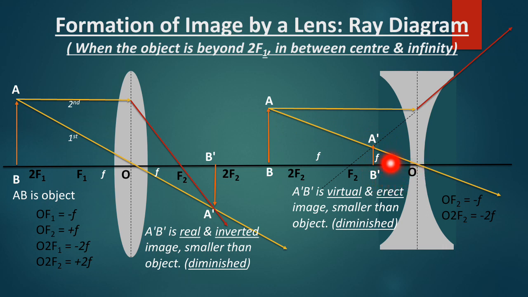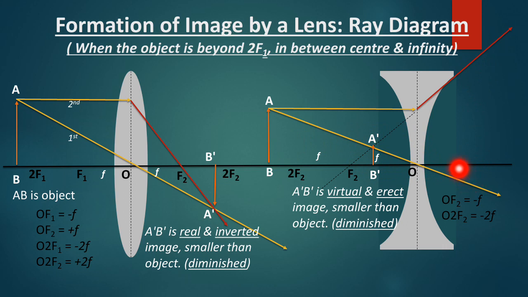Here this F means the distance from this O to F2, correct? So A dash B dash is the image formed by this concave lens of this object AB. Now here the rays are actually not meeting. This is one refracted ray and this is another refracted ray, so they are actually not meeting.